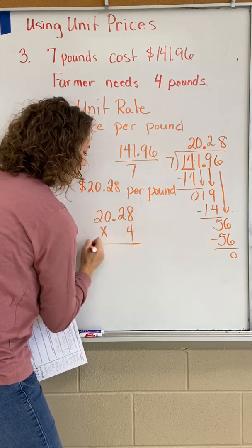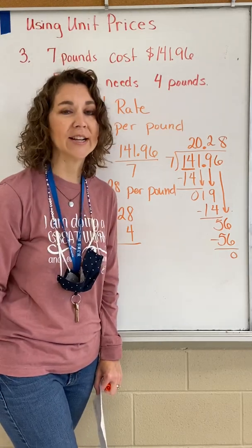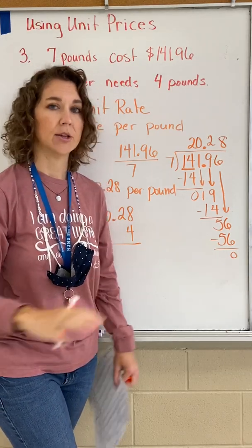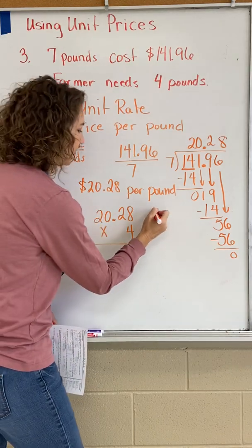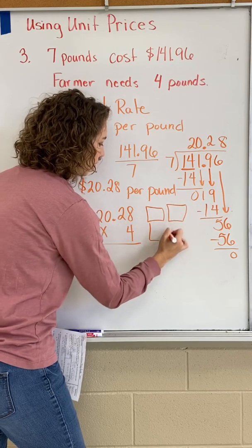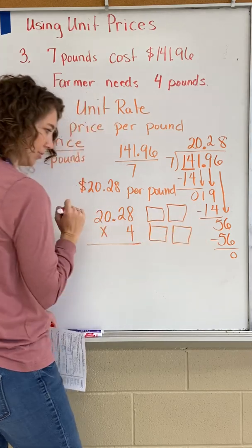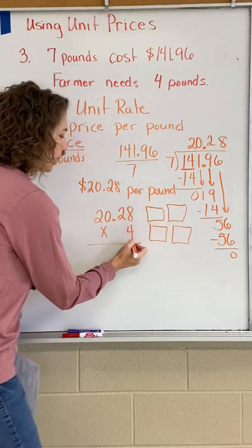We're going to multiply the price for 1 pound times 4 because he needs 4 pounds. So we've got to pay $20.28 for 1 pound, for 2 pounds, for 3 pounds, and 4 pounds. He wants all 4 of them. They all cost that price. So we're going to multiply.